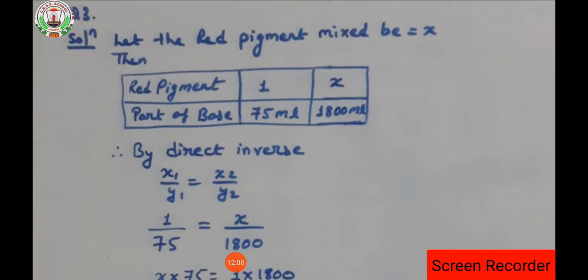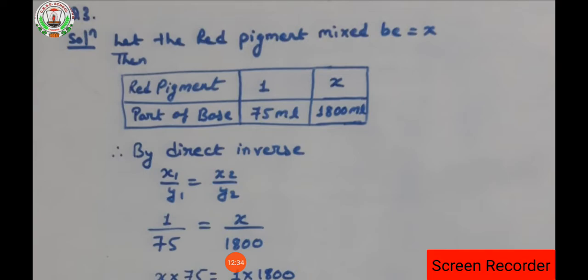It is said that let the red pigment mixed be X. We will consider the part of base as 75. So let the red pigment mixed be X. If the red pigment is 1 for 75 milliliter, then how much will be the red pigment for 1800 milliliter?